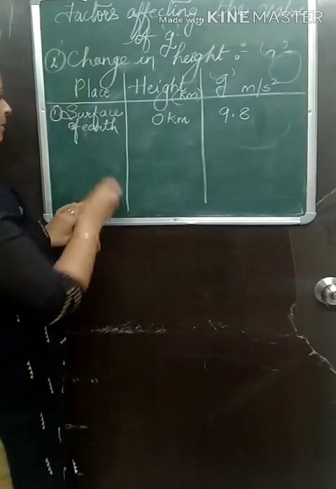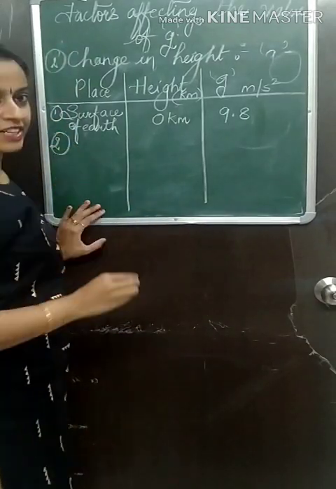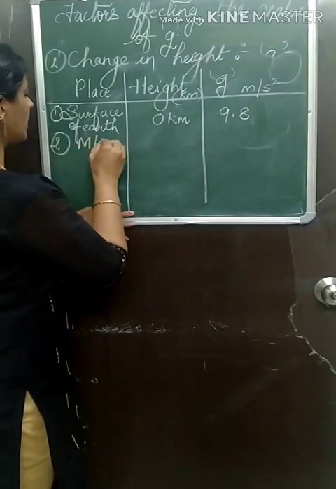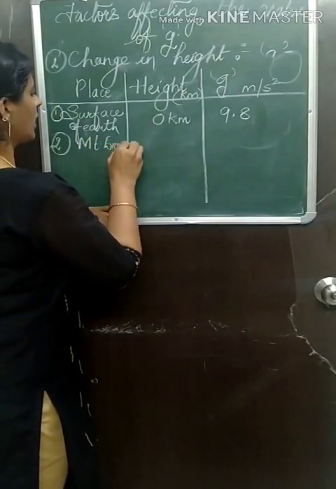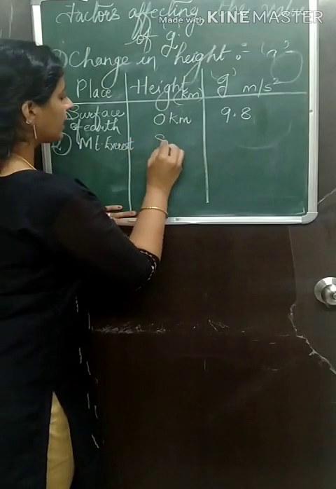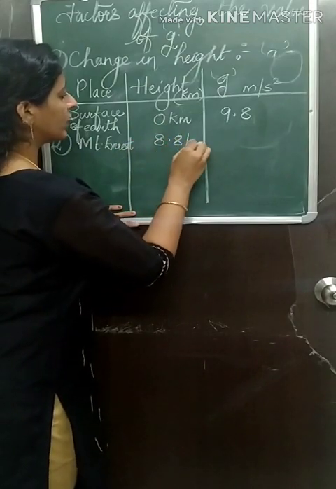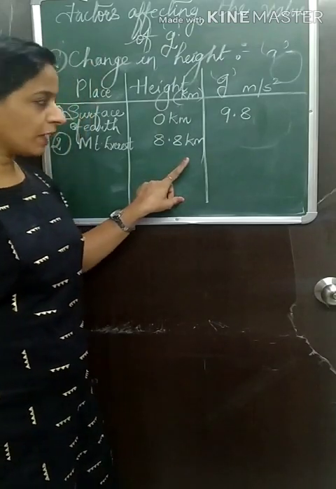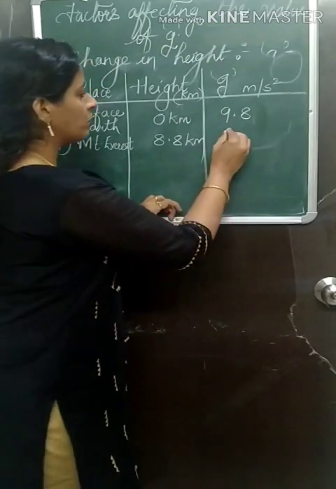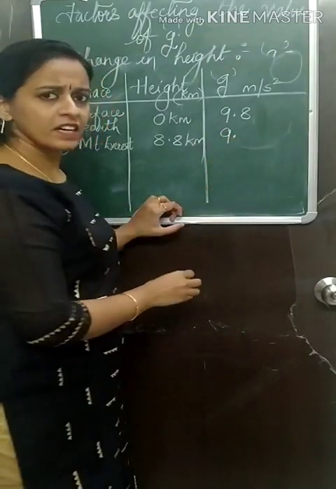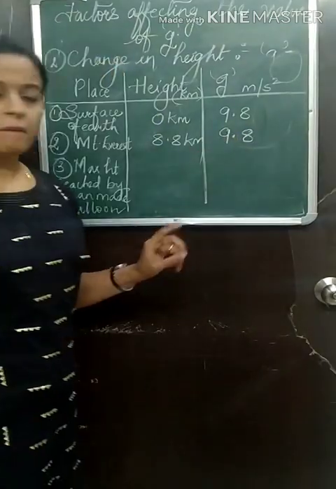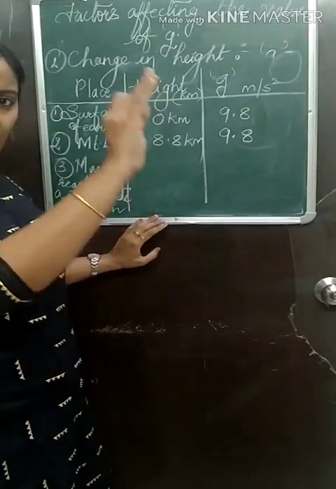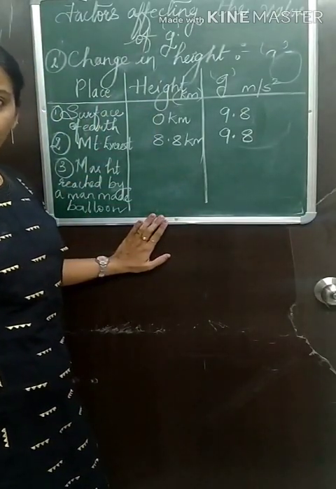Now, second example. Second example is interesting. Mount Everest. When you are on Mount Everest, there the height is 8.8 kilometer. Okay, 8.8 number is easy to remember. 8.8 kilometer. That time also there is not much difference. It will be 9.8 only. Maximum height reached by a man-made balloon.